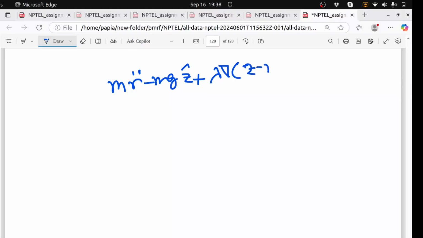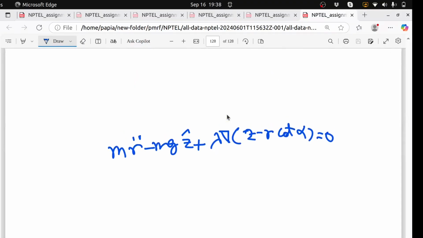So I think these are the things. So let's see it again: lambda grad of z minus r cot alpha equals 0. Okay, so maybe I can go through from the very beginning a little bit so that it is understandable by all of you.